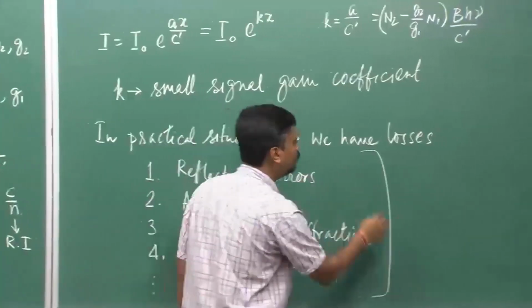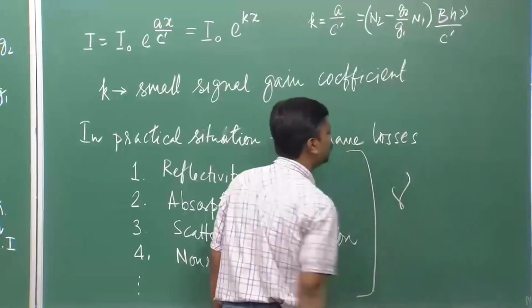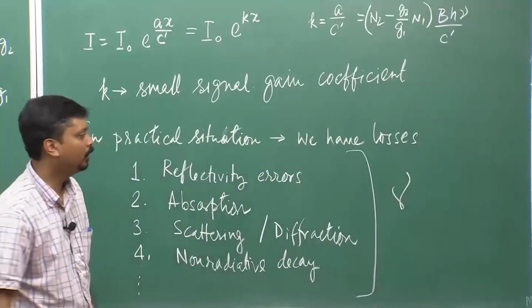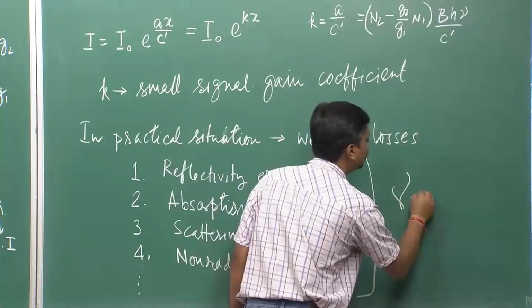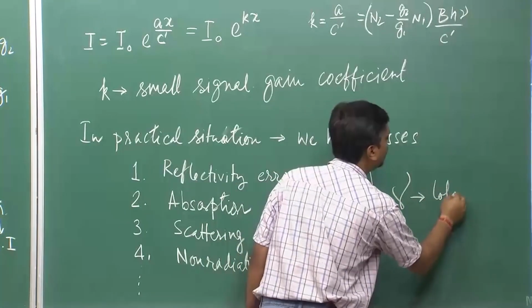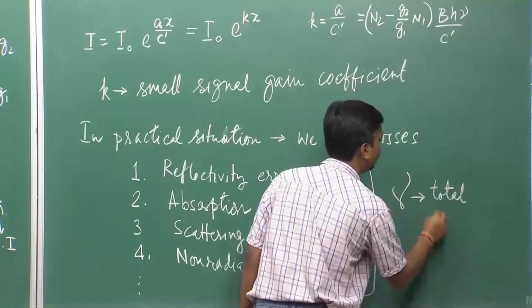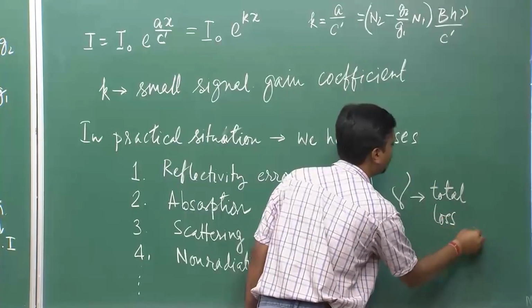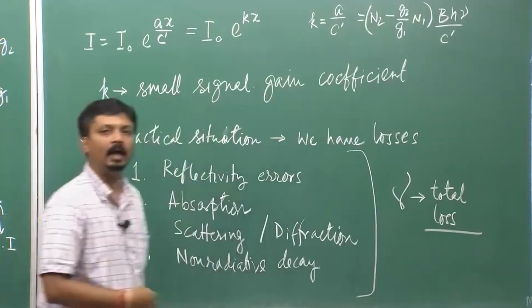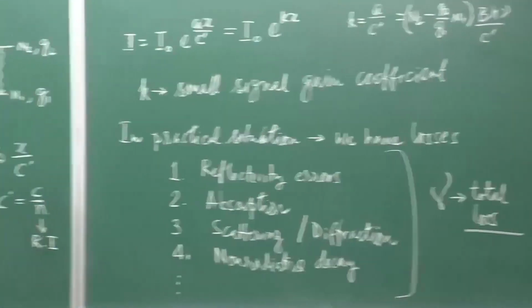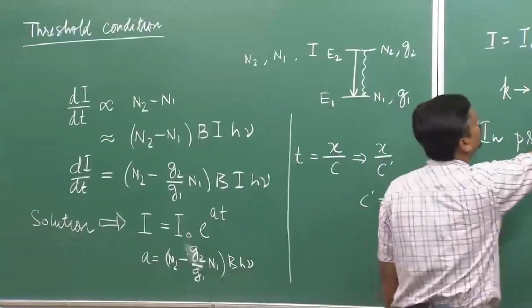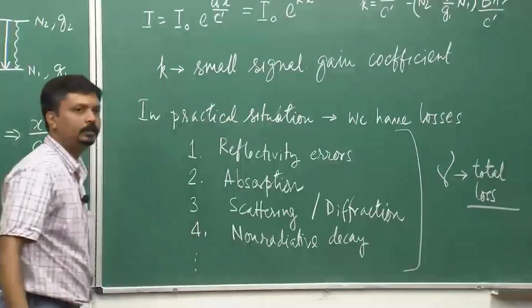If we club all of them together and denote the total loss within the cavity by gamma, then I need to modify this.